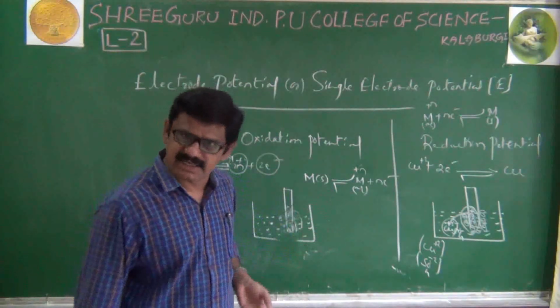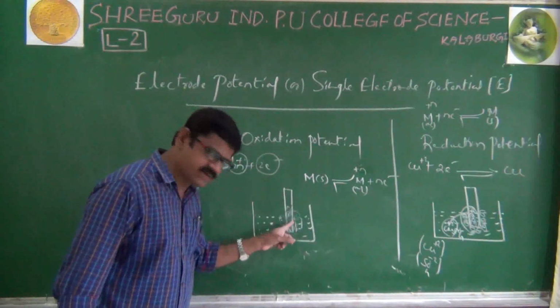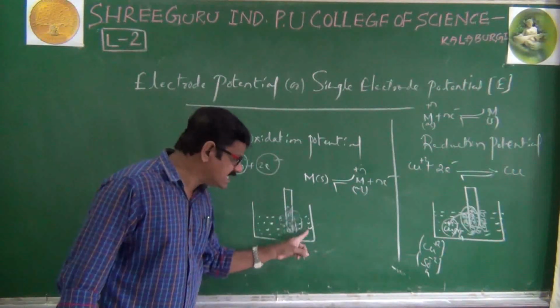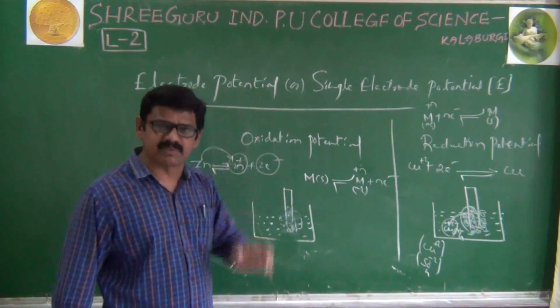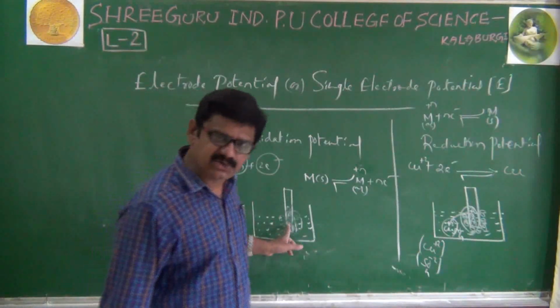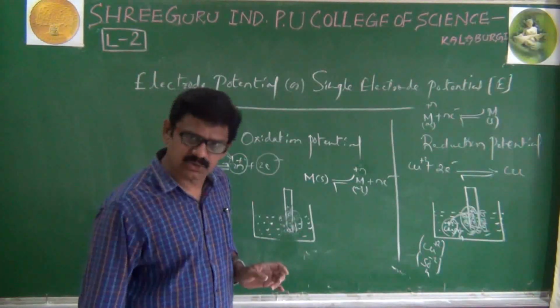And if you want, we can write a reason also: the potential developed when metal is in equilibrium with its own ions solution due to charge separation is called electrode potential, nothing but single electrode potential.